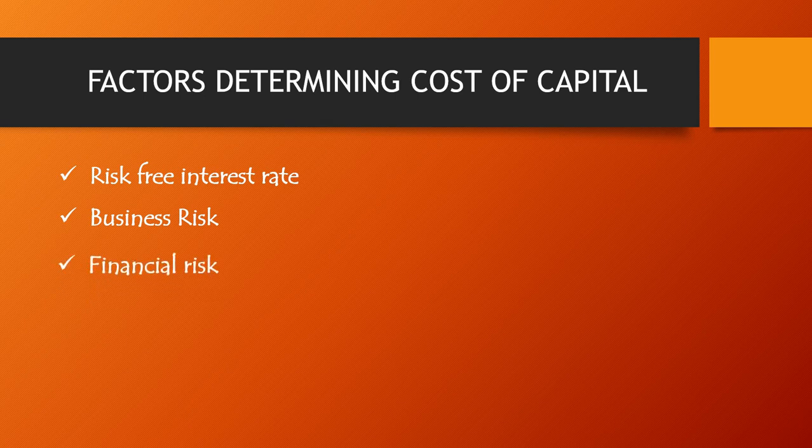Now next is your financial risk. As we talk about business risk, it's related to the operation of the business. I'm talking about profit and loss of the business. But financial risk means the risk which is associated with the funding of the business. The word financial means sources of finance.